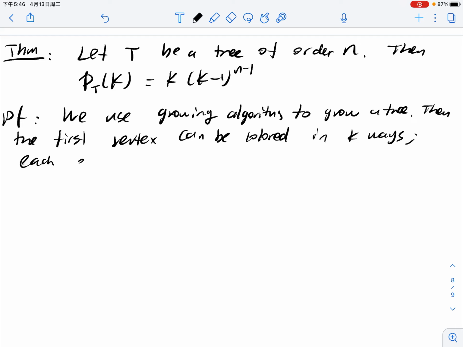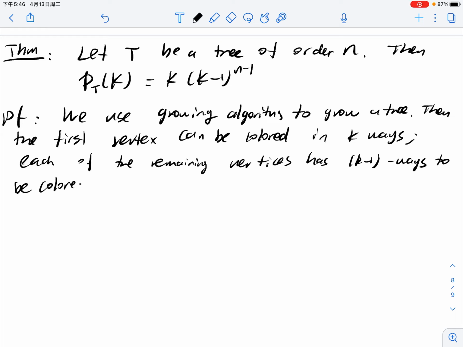Each of the remaining vertices has k minus 1 ways to be colored. Then in total we have P(T,k) is k times (k minus 1) to the (n minus 1)'s power.